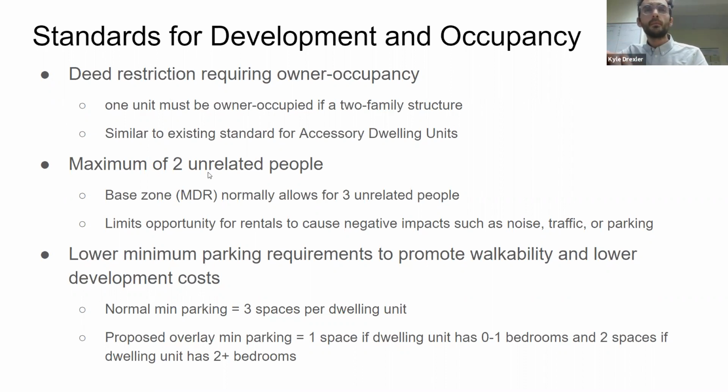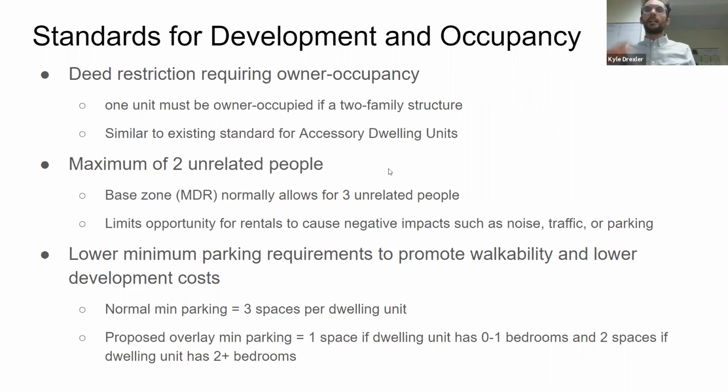So the standard for the overlay district would be reducing that number to 2 unrelated people. And the idea again is to make sure that this incentive is used to accomplish the goal that it was meant to accomplish.